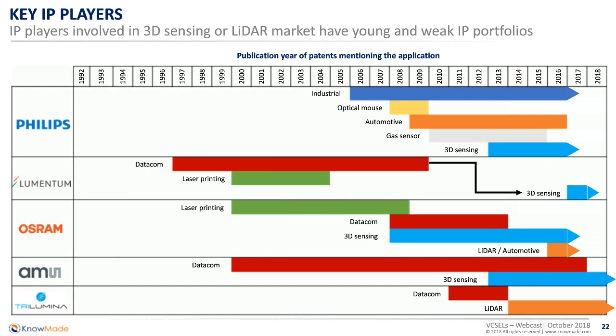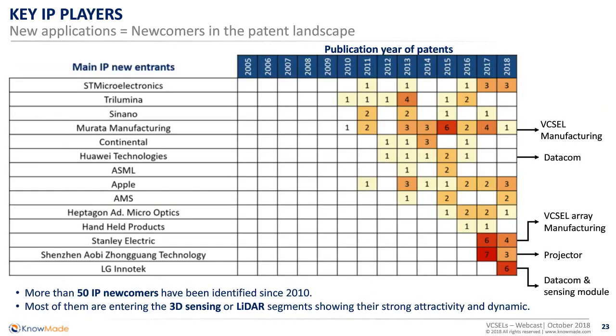And finally, there are also many newcomers that have entered the IP landscape related to VCSEL. And that's something also very interesting because we have identified more than 50 IP newcomers since 2010 that have started an IP activity to mention or to claim VCSEL in their patent. And as you can see on the list, there are some very big names here, and it could mean that more and more development and more people will look into VCSEL.